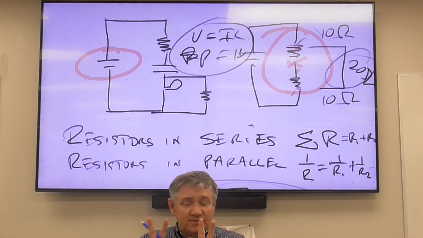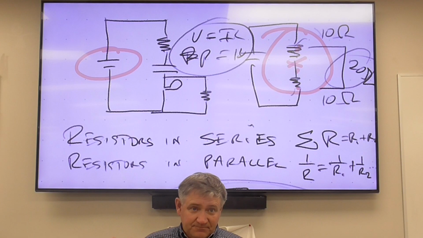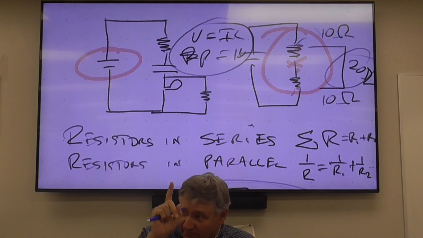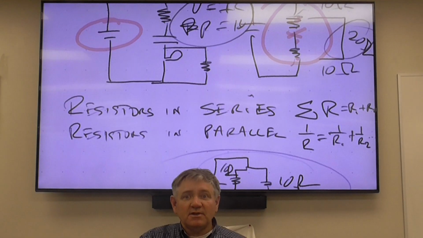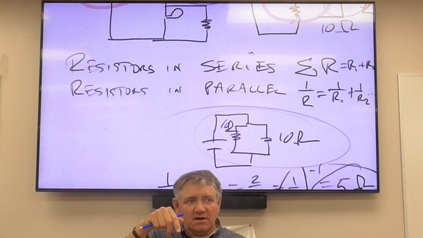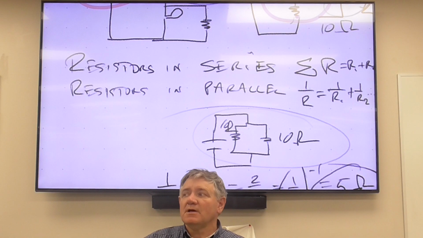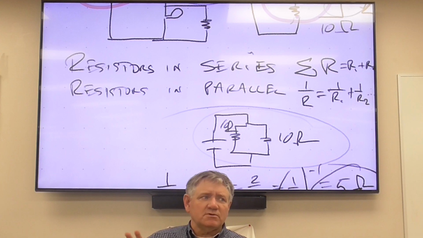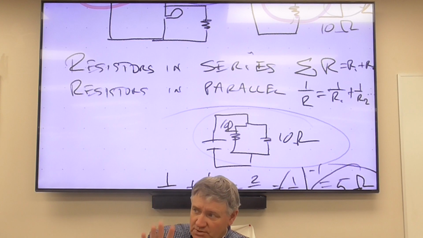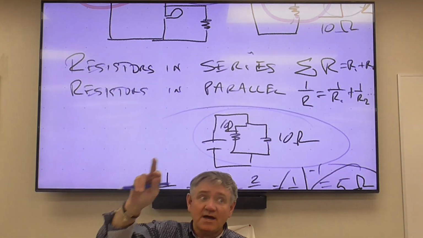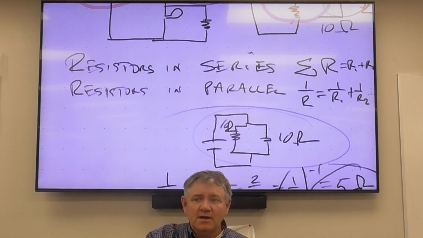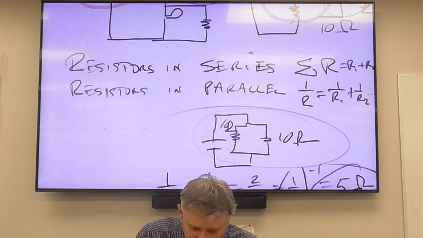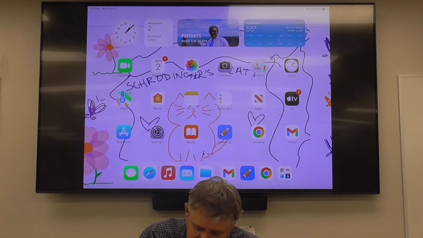So even though the two resistors are exactly the same, two in series has the equivalent of 20, two in parallel has the equivalent resistance of 5. You would think they should still be the same depending on how you hook them up. No, they're vastly different. Two 10-ohm in parallel is 5, two 10-ohm in series is 20. Now the next question is, how does that work with the equations that we already know? That's a valid question.